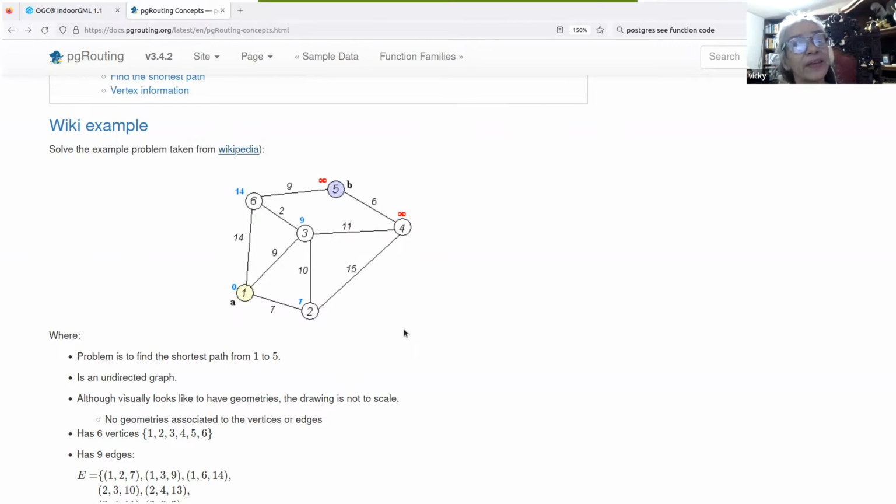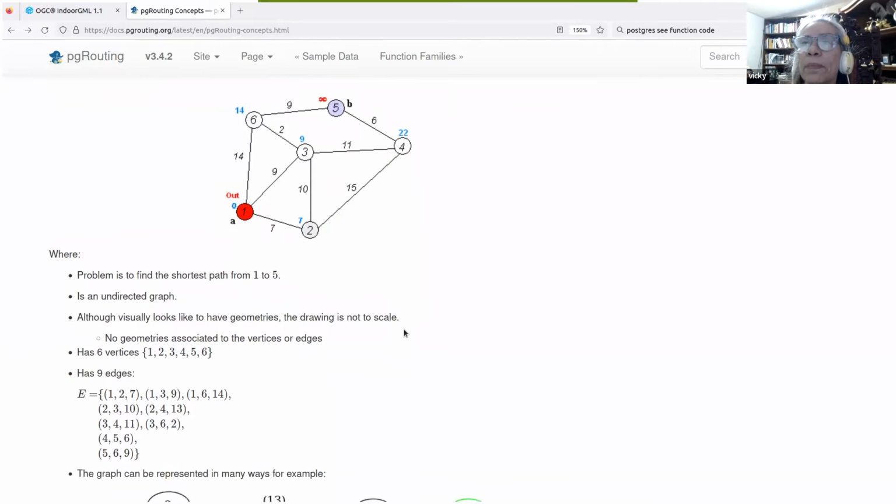It's Creative Commons. And what the Wikipedia problem is solving is to find the shortest path from 1 to 5. And the graph in the Wikipedia is an undirected graph.